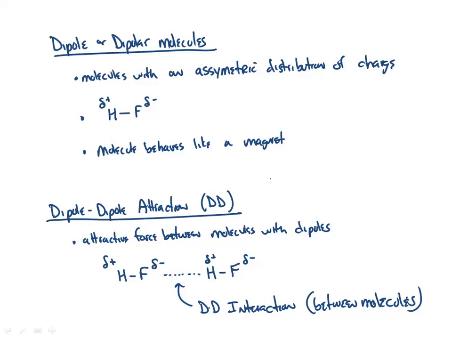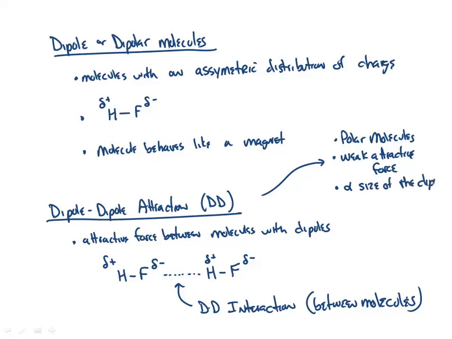And so for a dipole-dipole interaction to occur, we have to have a polar molecule. It's generally a weak attractive force. And it's proportional to the size of the dipole. Now, we're not going to worry about which molecules have the largest dipoles and which ones have the smallest. We're not going to ever calculate that sort of thing.